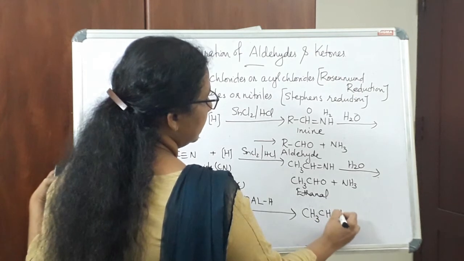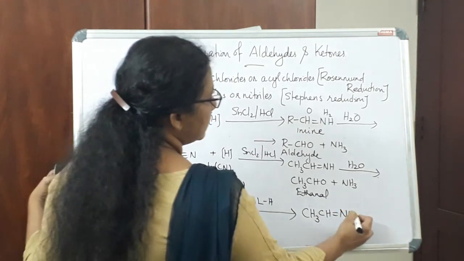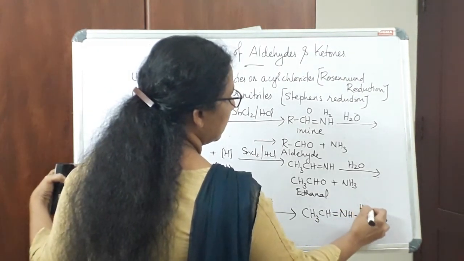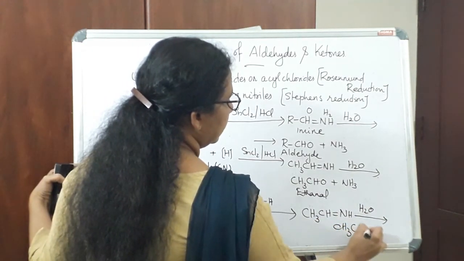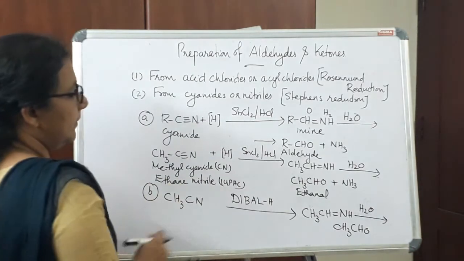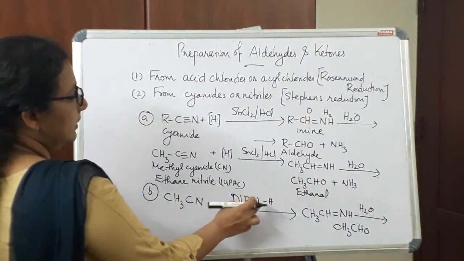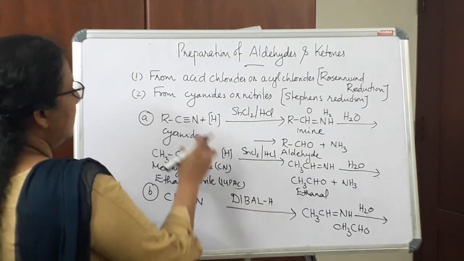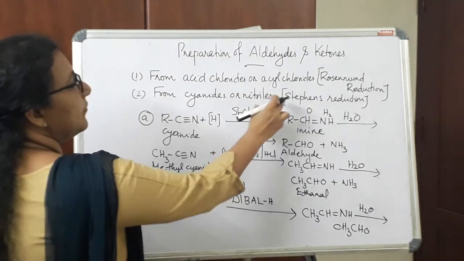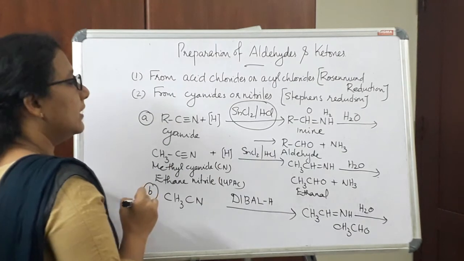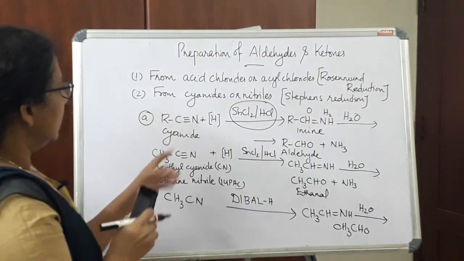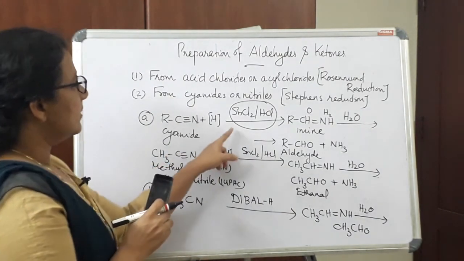The imine on hydrolysis produces the corresponding aldehyde. The same procedure happens in this case also, but the reducing agent is different. The first one is Stephen's reduction, where the reducing agent is stannous chloride and HCl. These are reduction reactions.